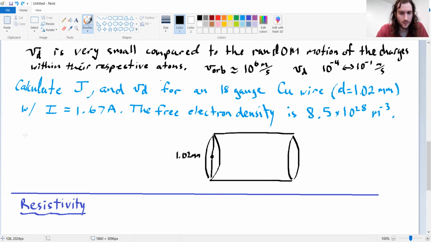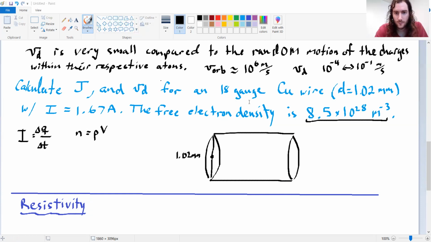Current is Q over T. Free electron density times the volume of the wire would give you the total number of electrons.